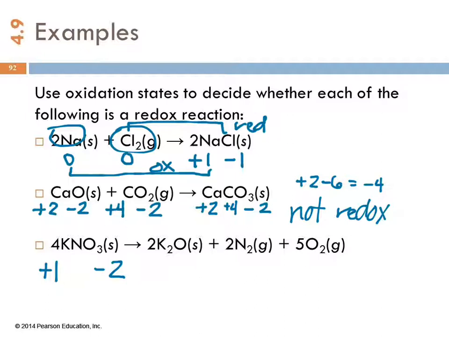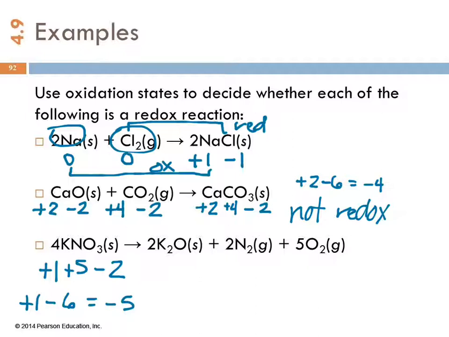Let's see, -6, we have +5. We get the nitrogen by looking at the other ones. We've got +1 from the potassium, and minus a total of 6 from the oxygen. That adds up to -5. We know that overall it has to be 0, so the nitrogen has to be +5. This coefficient of 4 plays absolutely no part in determining oxidation numbers.